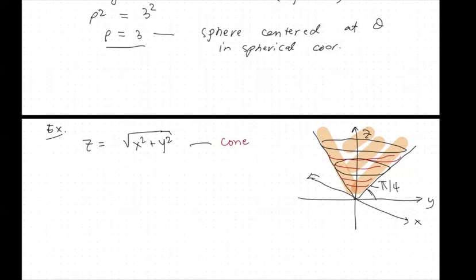And how do we convert this to spherical? Let's start from the beginning. Z is equal to this. And then you square both sides. This is x squared plus y squared, which is just r squared. And this is z squared.